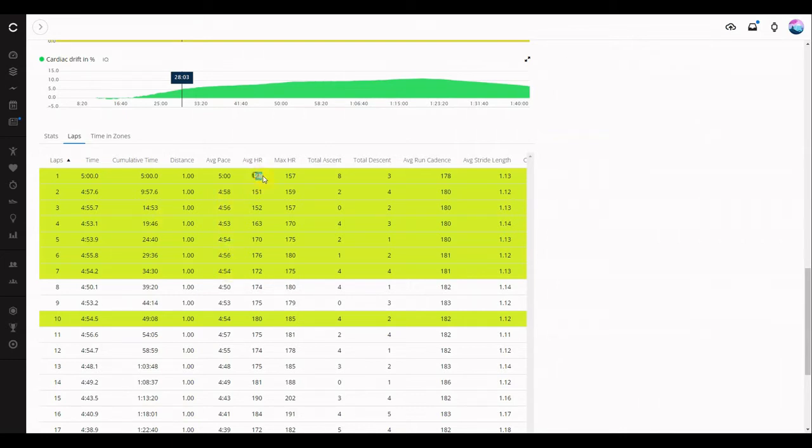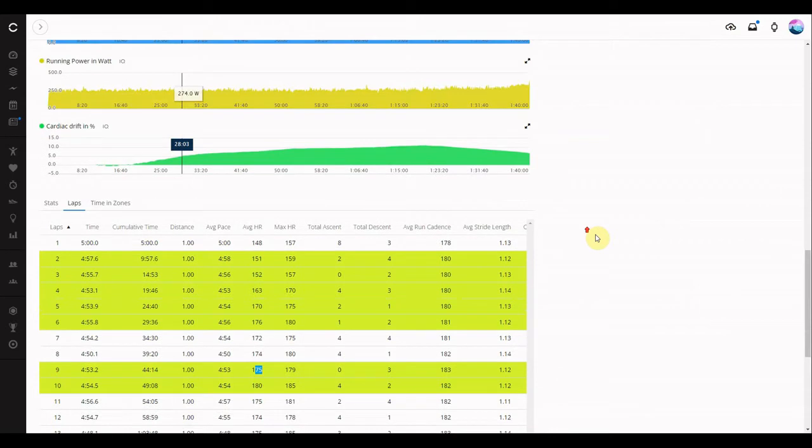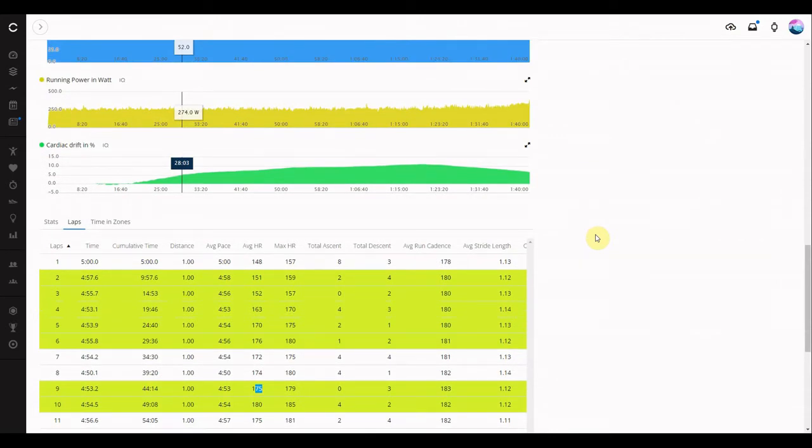But quickly the average crept up to the 170s, 175, even 180. So clearly there was some decoupling because the cardiac drift was far higher than 5%, which makes sense because a half marathon is probably run between VT1 and lactate threshold.